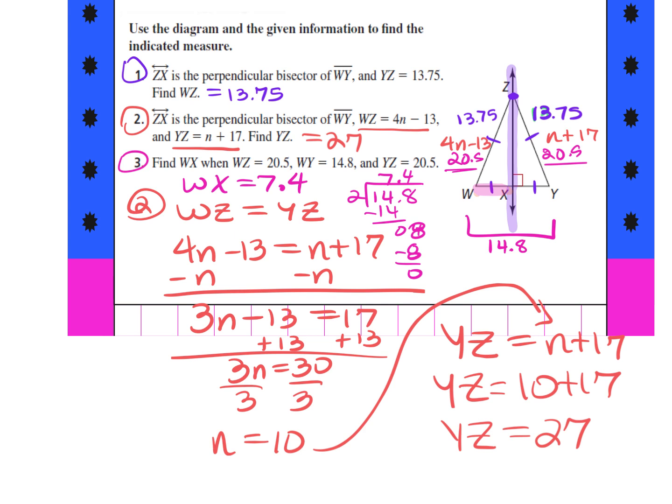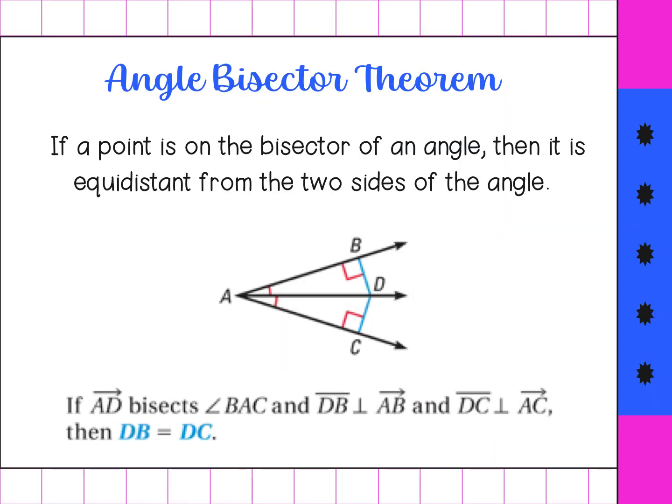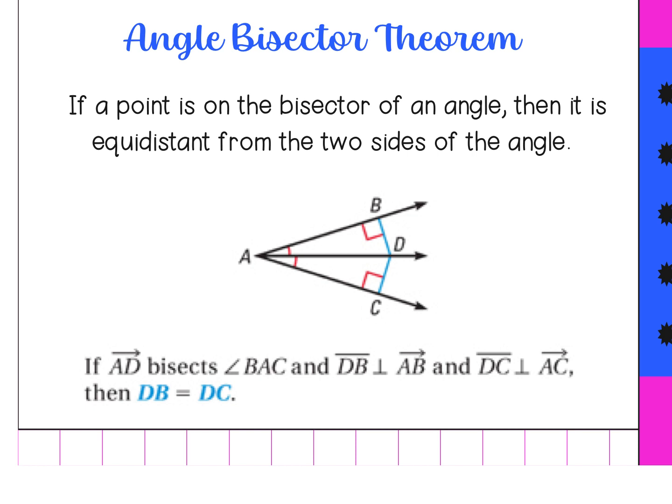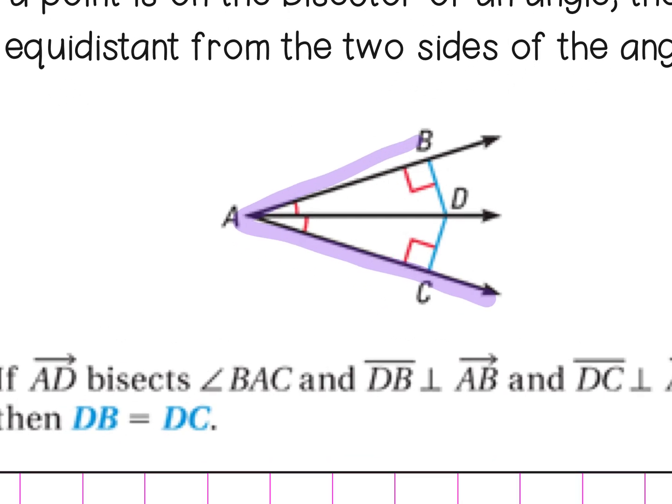Now we're going to talk about the angle bisector theorem. The angle bisector theorem states that if a point is on the bisector of an angle, then it is equidistant from the two sides of the angle. So in this particular picture, I can see that angle BAC has been bisected because it's created two congruent smaller angles.